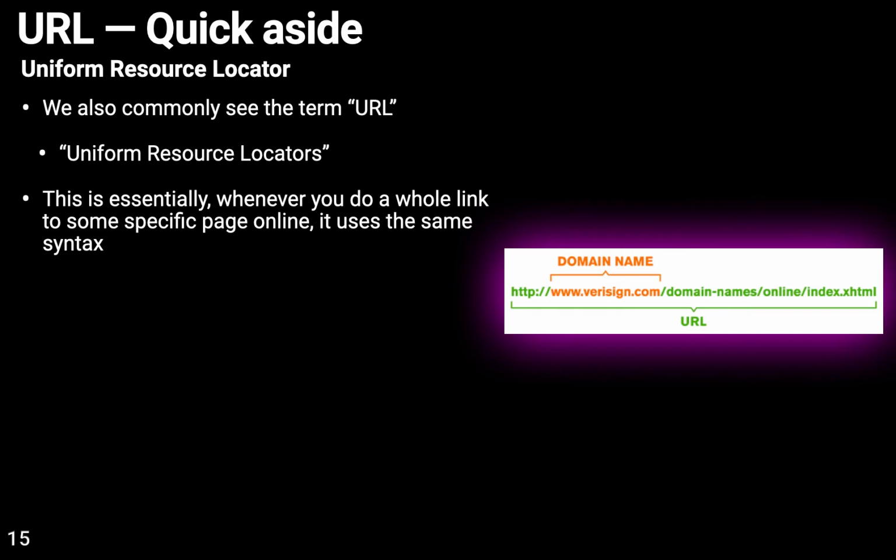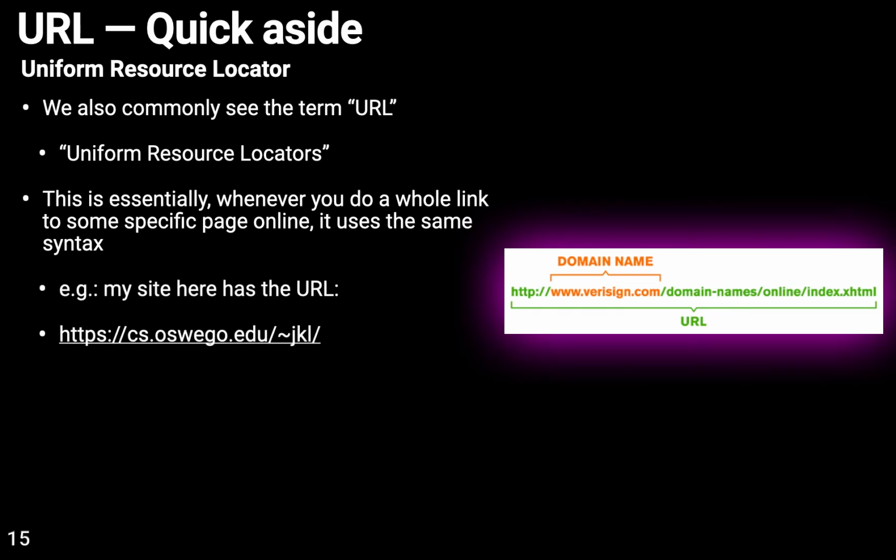to find, right? So my site here has the URL https://cs.oswego.edu/JKL/. That contains the domain name cs.oswego.edu. Oswego.edu is the main domain.